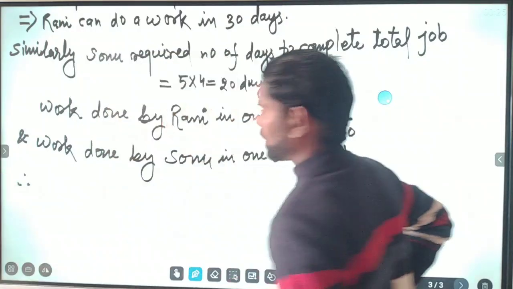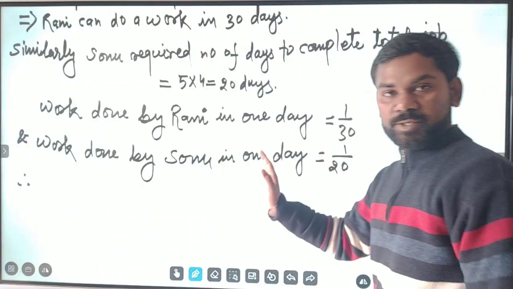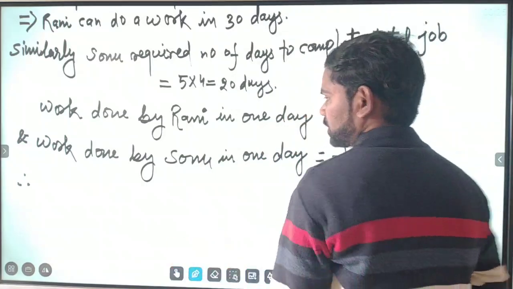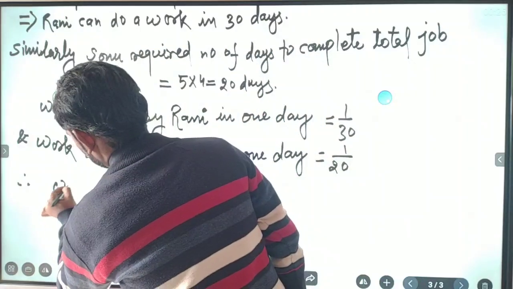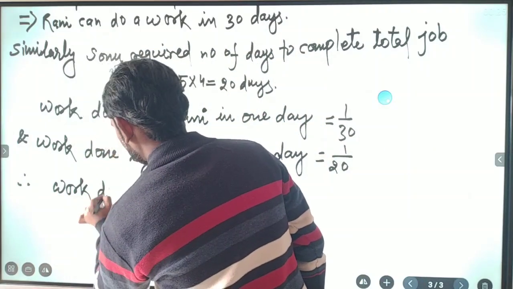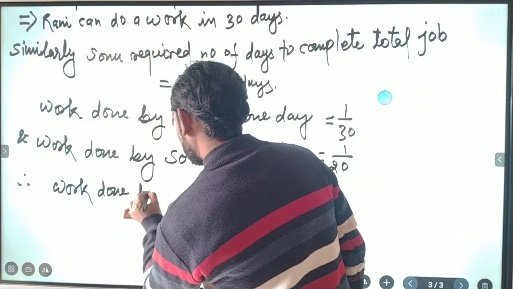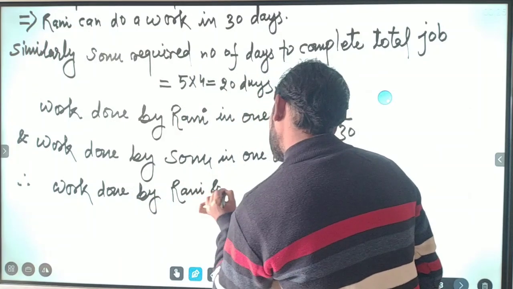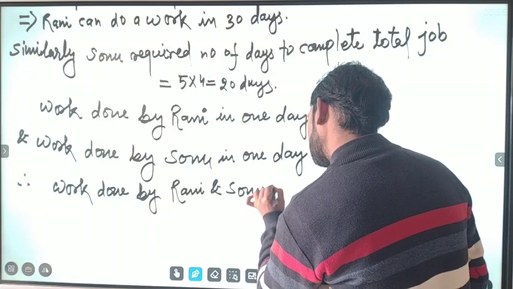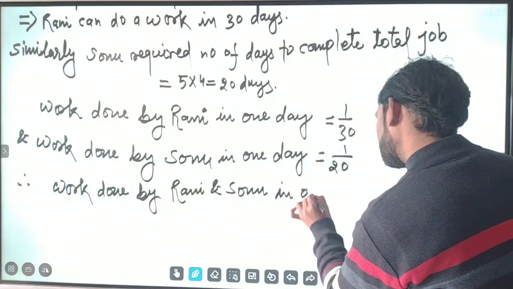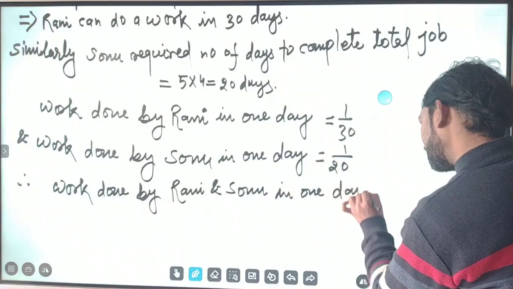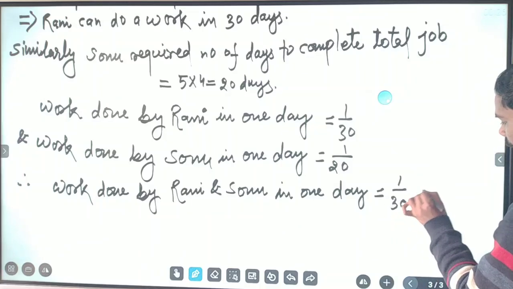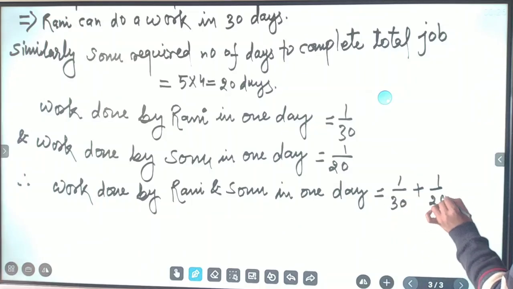So this is the previous step that you have already studied. Now let's see the next: work done by Rani and Sonu in 1 day is equal to 1/30 plus 1/20.